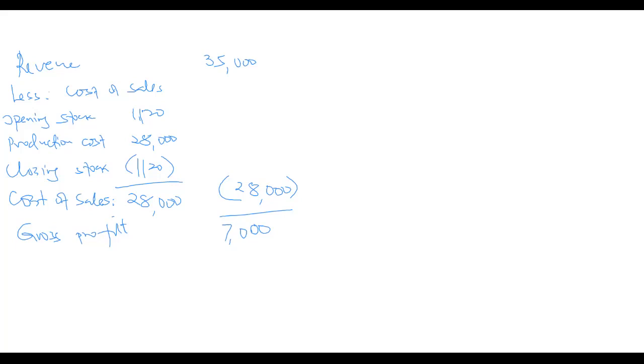Is it clear? Yes. Therefore, that 35,000 minus 28,000 gives us 7,000, which we call the gross profit of the company. Better? Yes. Okay, great.